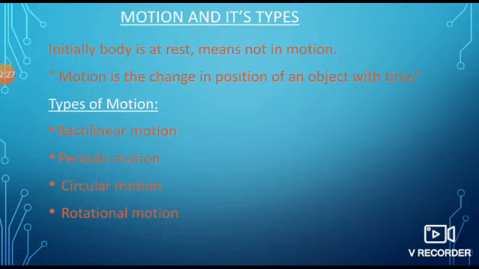For example, when a body is at rest, say at point A, if it changes its position from A to B with time, it is said to be in motion. And mathematically, to cover a distance with time, that is displacement.